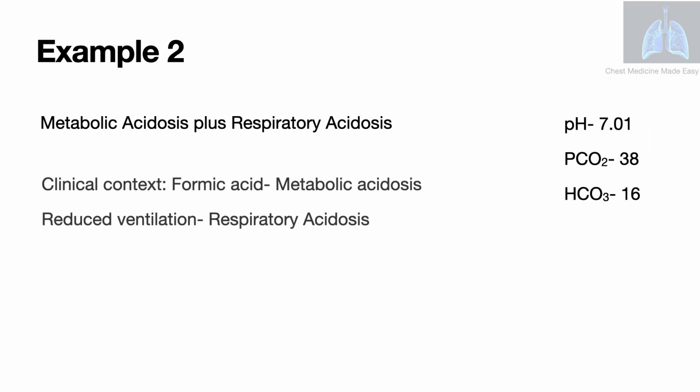In this clinical context, the metabolic acidosis is due to the formic acid ingestion, and the respiratory acidosis is due to the reduced ventilation. If you would recall, the paramedics reported that the patient was barely breathing. So this would explain the respiratory acidosis in this case. So again, this patient has a metabolic acidosis plus a respiratory acidosis.